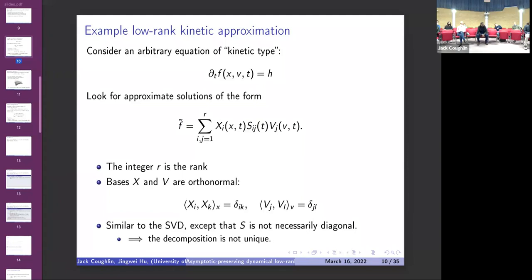So the tangent space contains functions that change a little bit, where you change the x basis a little bit, and the v basis a little bit, and you can change the s matrix a little bit. Does that make sense? Yes. So you're really not doing a Galerkin projection onto either of these bases. You're doing a Galerkin projection onto functions like this.